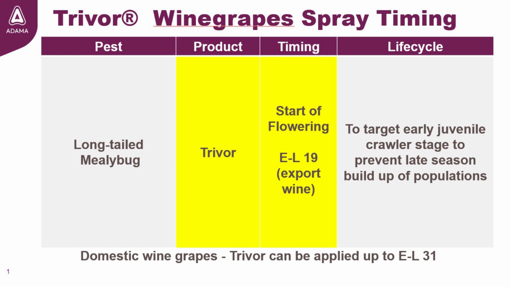Other mealybug species lay egg masses, but when you see all the fluffy white mealy, hence their name, that mass is the crawler, very early first instar. They're very vulnerable then, but very hard to hit because they're usually underneath bark. So you need to wait for them to get active around the start of flowering, and we try and hit them at that vulnerable life stage before they get hard and waxy and become fully female. So that start of flowering period is the ideal time to use Trivor.